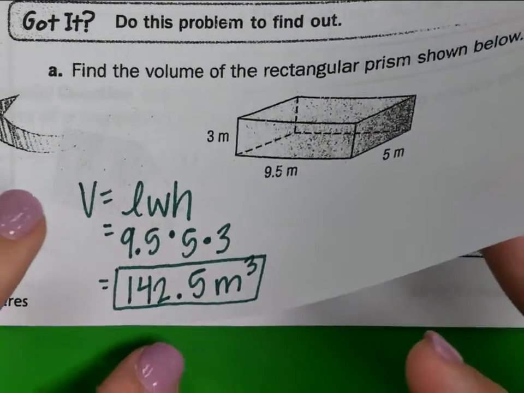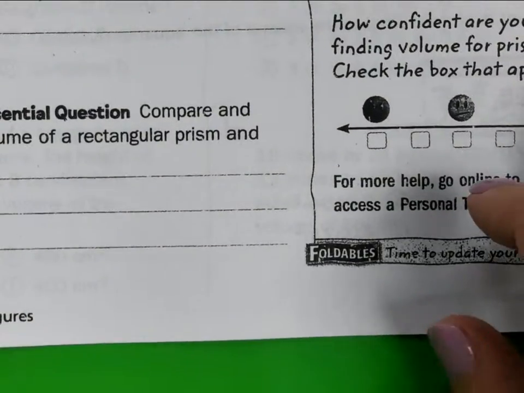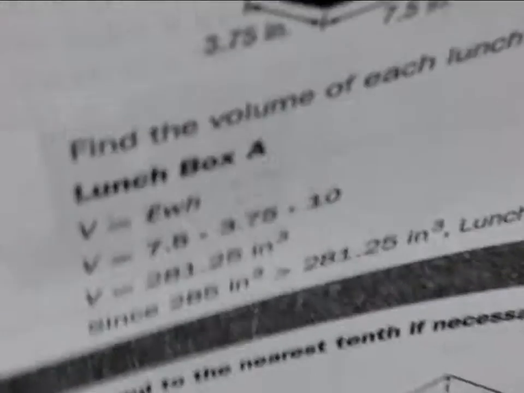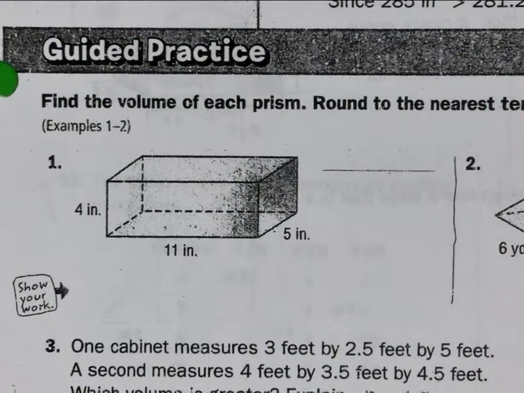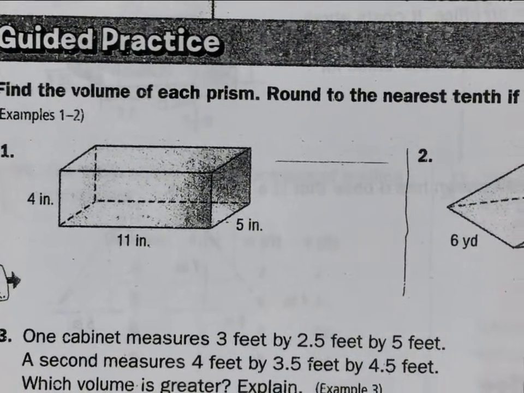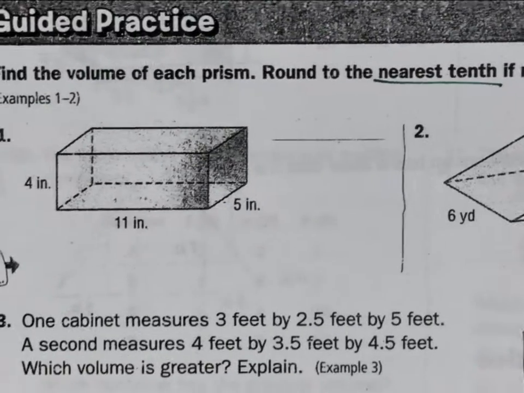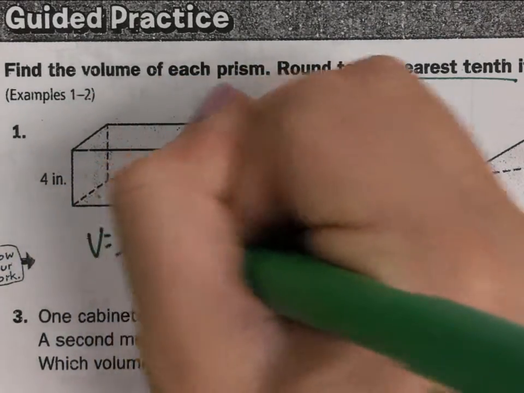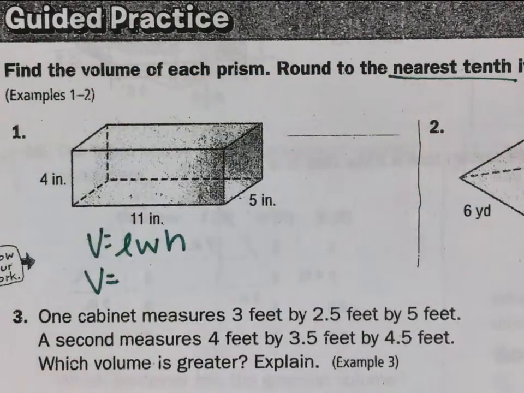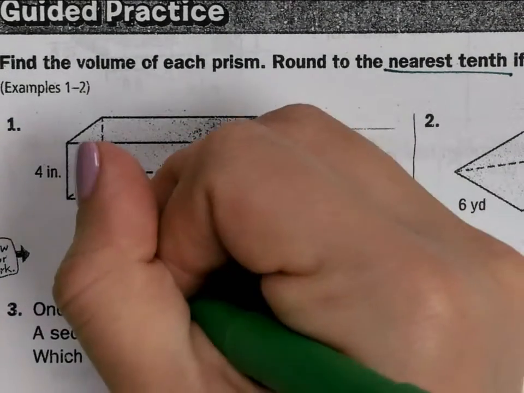Alright, questions on that? Okay, the next page is our notes for tomorrow. So skip a page and go on over to the guided practice. We're going to do number 1 on the guided practice. So I'm finding the volume of the prism and I'm rounding to the nearest tenth. I know that my formula is length times width times height. So what is my length? 11.